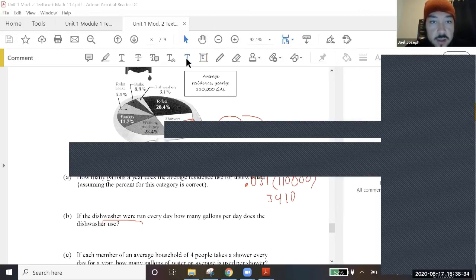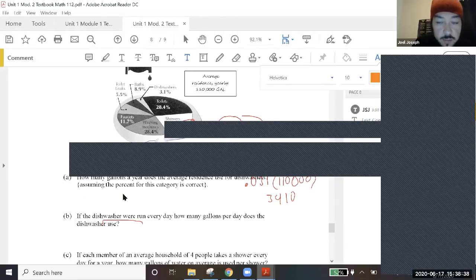And with this tool, I can come in here and type, 3.1% of 100,000 gallons is 3,410 gallons.